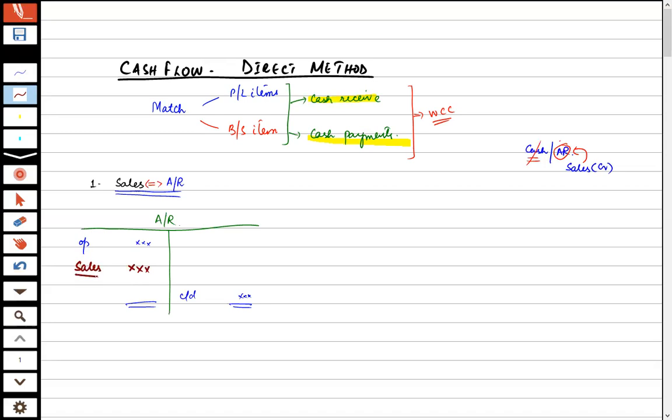Unless it is stated otherwise, the P&L balance of sales will be treated as credit sales. So we will debit the T account with the sales amount. Now we will total this side and balance it, and we will subtract this from the closing balance. The remaining balance will appear here.